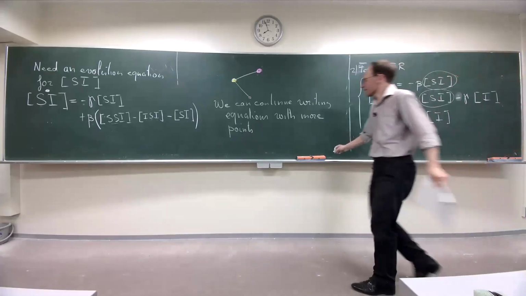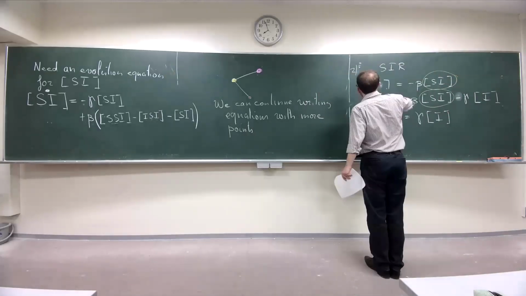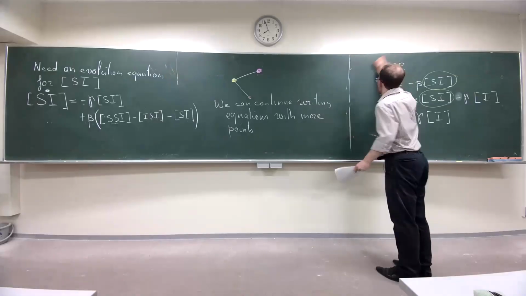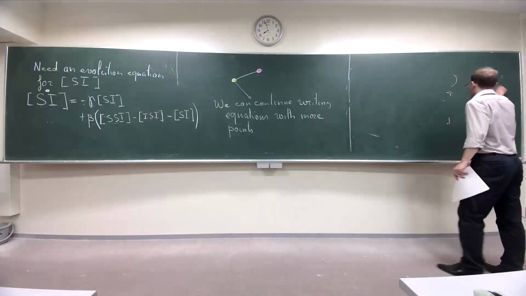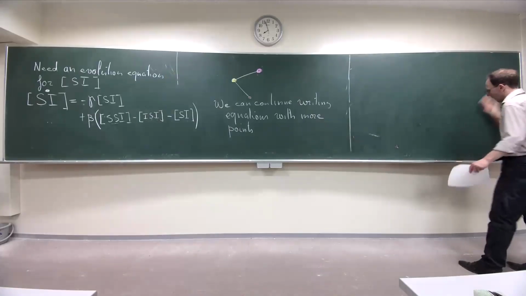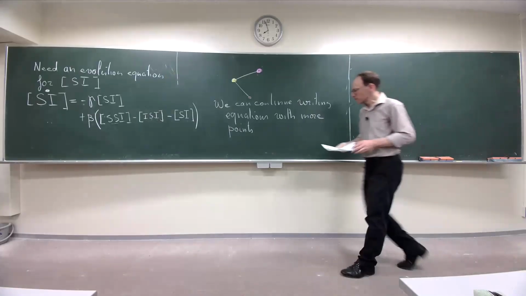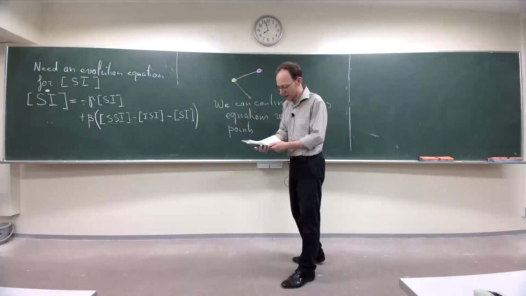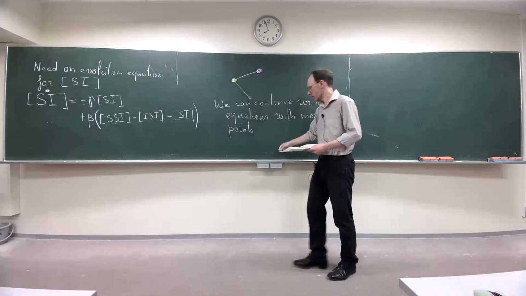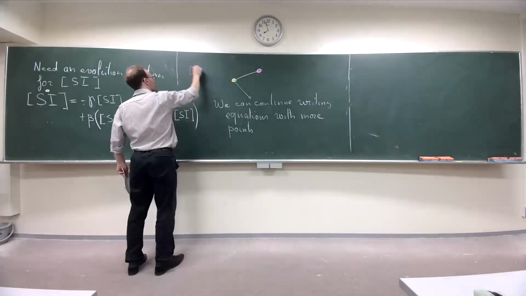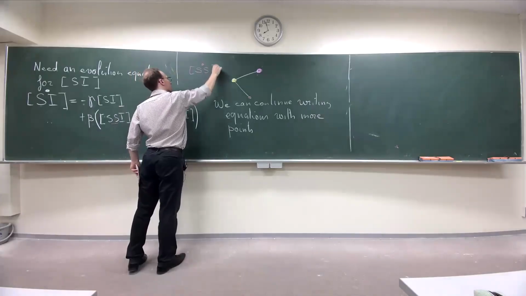So there is a trick. Up to now, I haven't simplified anything. I have not taken any approximation. You can write this equation, and in the notes I have written an additional equation, because you can also write the equation for SS like this.